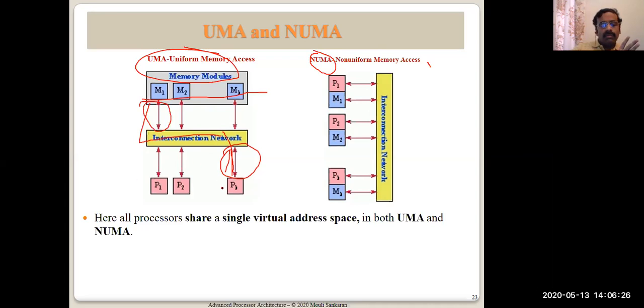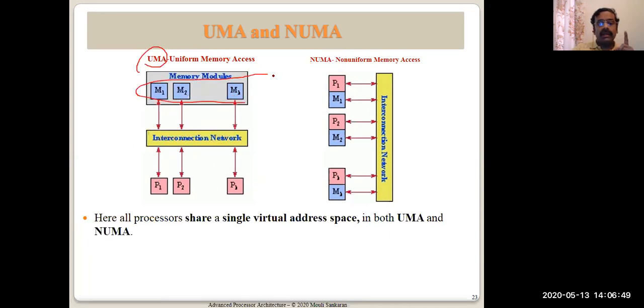That's why we call it uniform memory access. This network makes sure that anything is connected in parallel. As long as two processors are talking to two different modules, the communication can happen. So we call them uniform memory access, though they are all in some place.